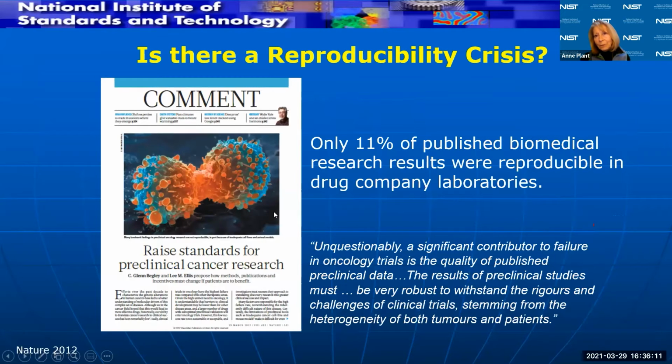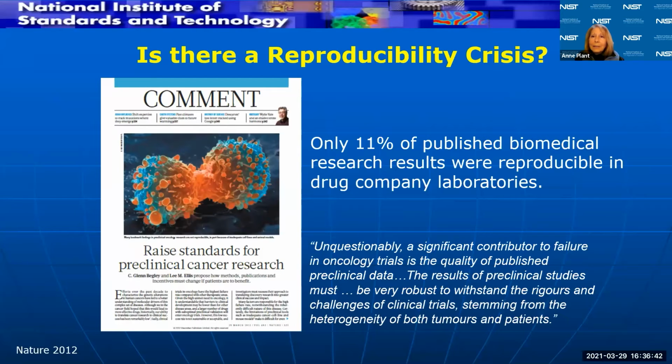So I want to say something about reproducibility, since that's on the tip of everybody's tongue right now, and the fact that this reproducibility crisis, as it is sometimes called, and I'm not sure that I really agree with that, really came out initially through research done at pharmaceutical companies that were trying to reproduce published studies in biomedical research.